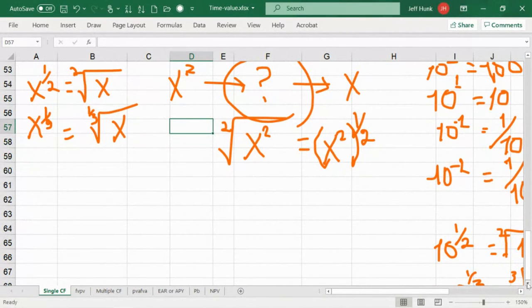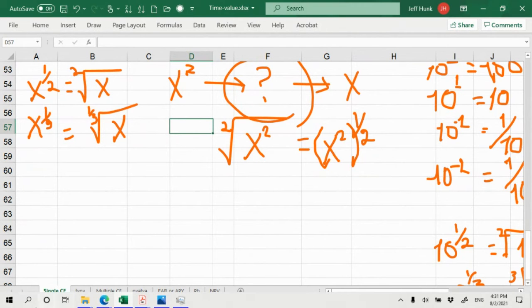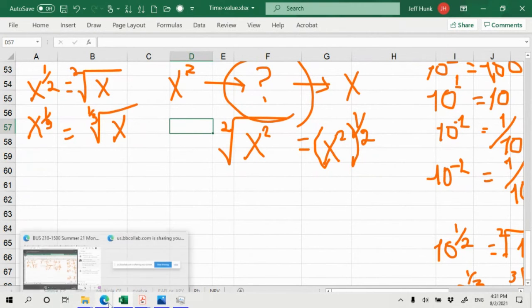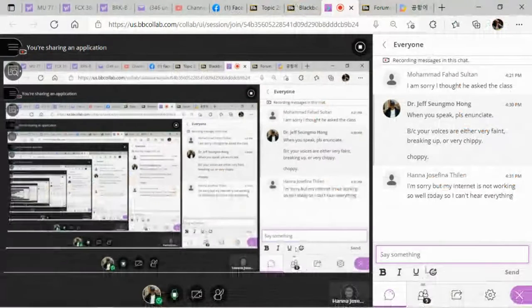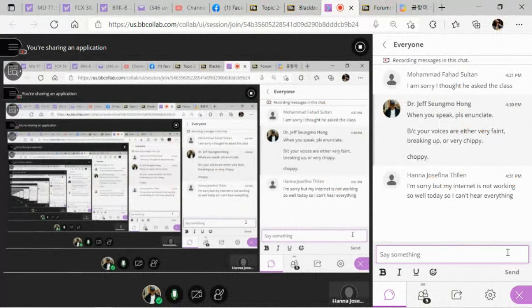So don't type in there. I can't see, and it takes time if I switch between this and, okay, you can't. All righty.